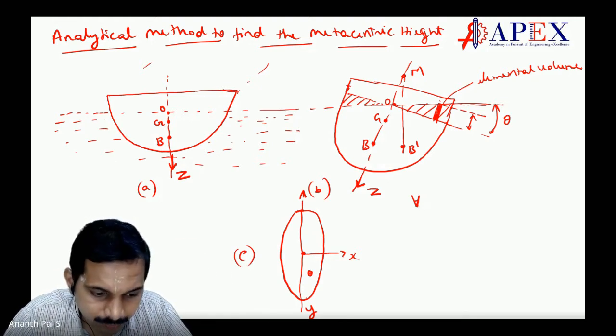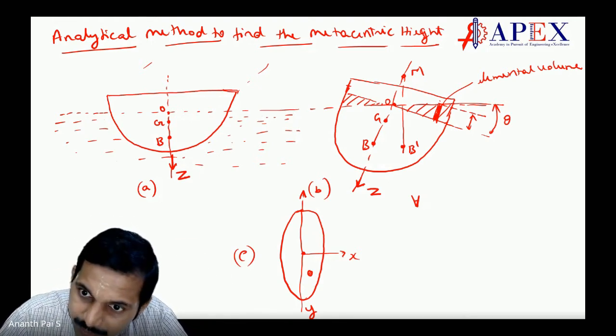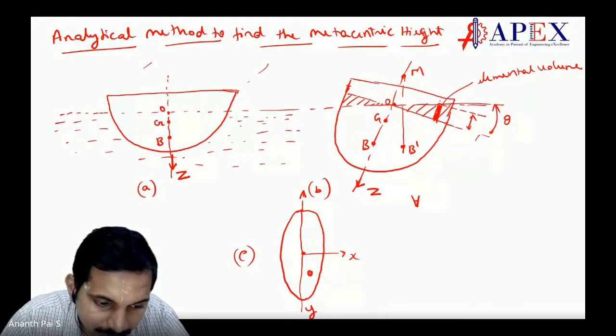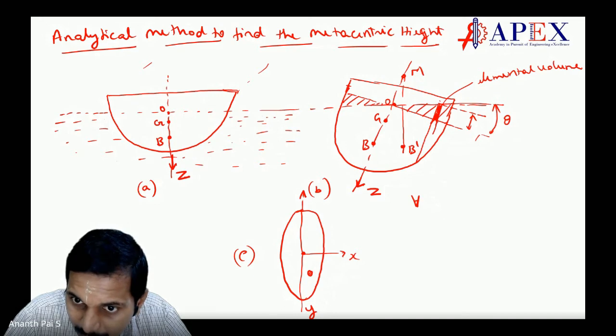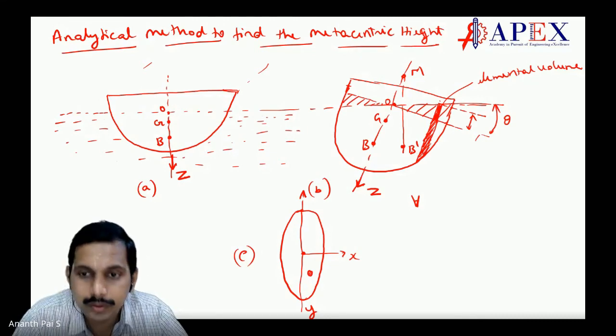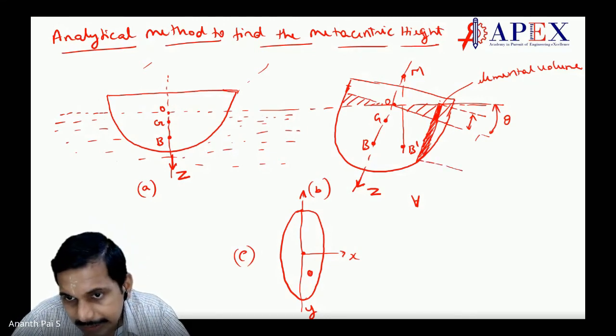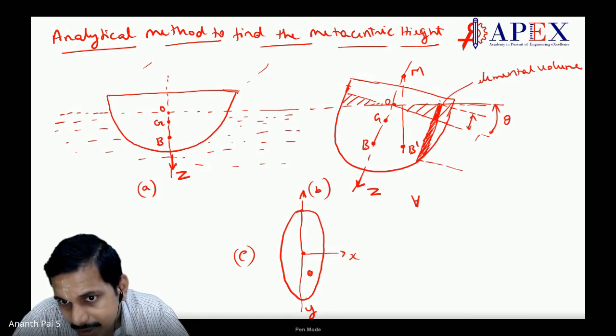So now this distance, this elemental volume is not going till there. I'm sorry, it is going till here. Okay, this is the elemental volume area. It goes till over here. Now, if I say this is Z, initially it was Z, and then there is an additional one.